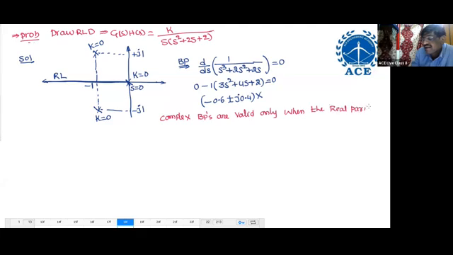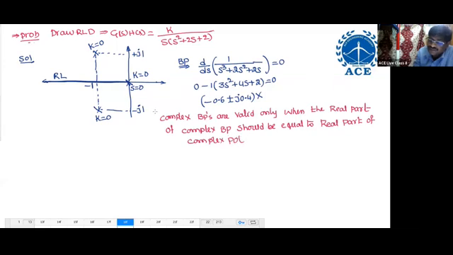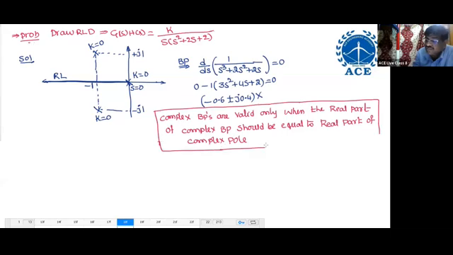Listen carefully. So read this statement one more time: complex breakpoints are valid only when the real part of the complex breakpoint should be equal to the real part of the complex pole.